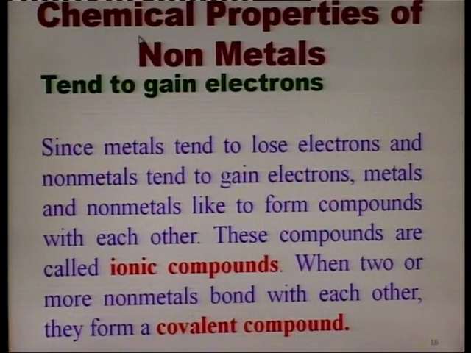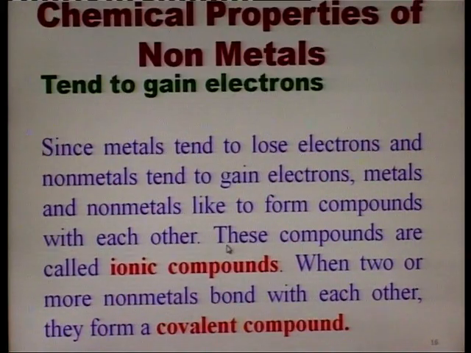What are the chemical properties of non-metals? Tend to gain electrons. Since metals tend to lose electrons and non-metals tend to gain electrons, metals and non-metals like to form compounds with each other.